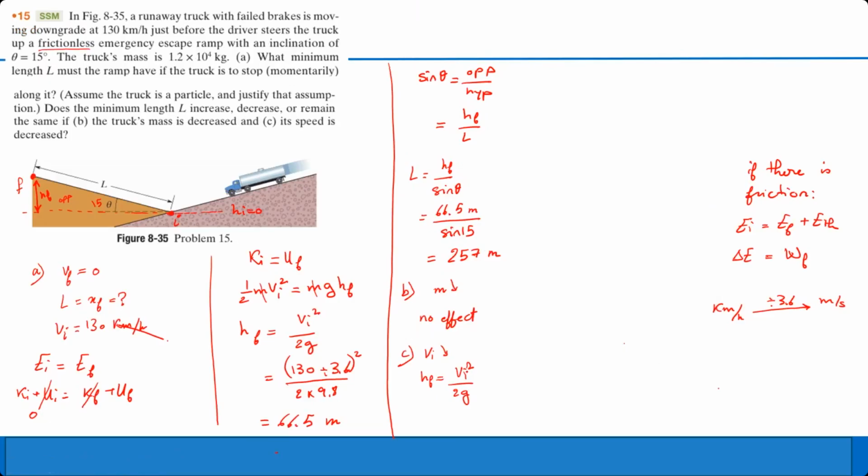And now V initial has decreased, then HF will decrease. Let's look at L. This is HF over sine 15, so it will also decrease. So yes, if V initial decreases, the length L decreases as well.